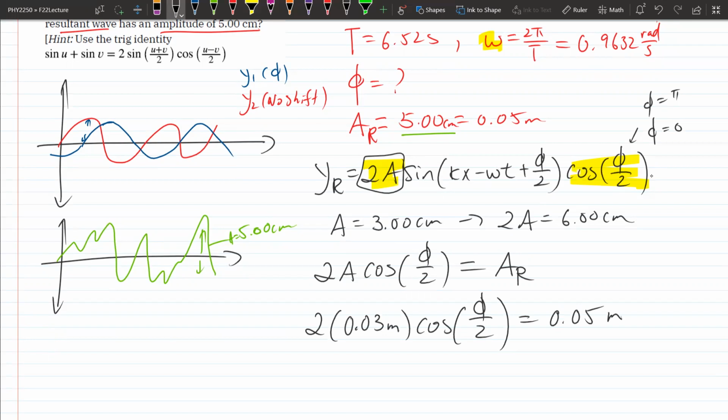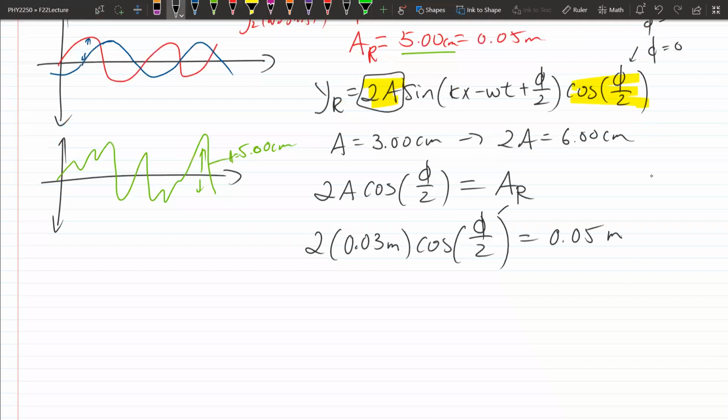So now we have an equation to solve for phi. This should be cosine of phi over 2 equal to 0.05 meter divided by 0.06. I just multiplied the 2 and the 3 together. I messed that up.